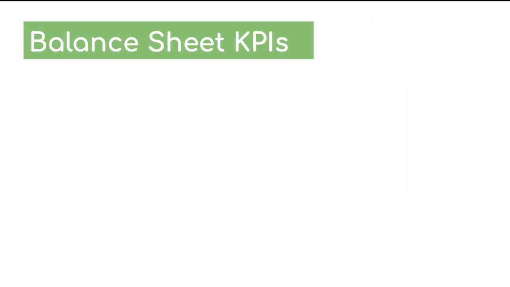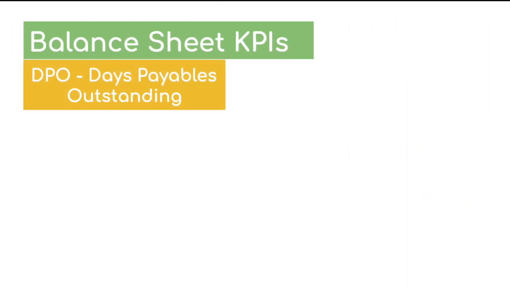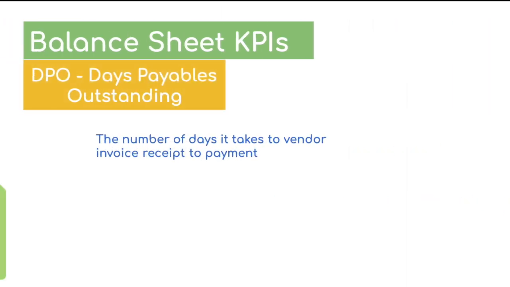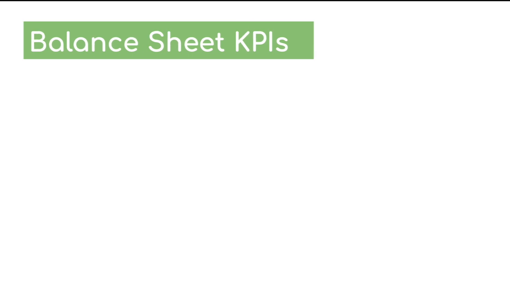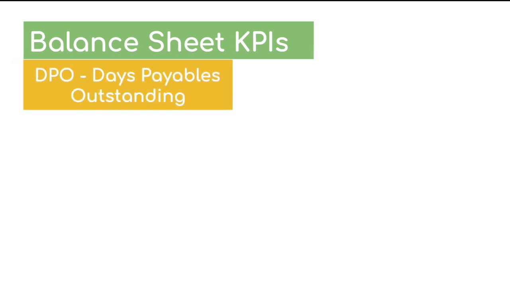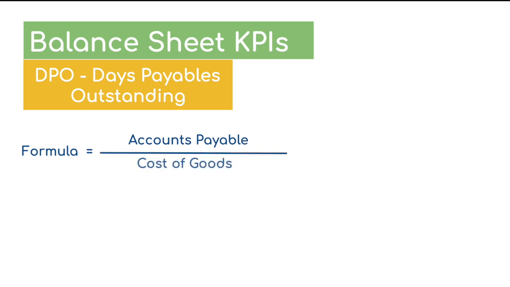And just like we did for days sales outstanding, there is also a formula to calculate days payable outstanding. Days payable outstanding is the number of days it takes from receipt of vendor invoice all the way up to payment. And you want that to be a little bit longer than your DSO. To give you an example of the formula, you take the average accounts payable, divide that by cost of goods sold, and multiply that by the number of days in a period.